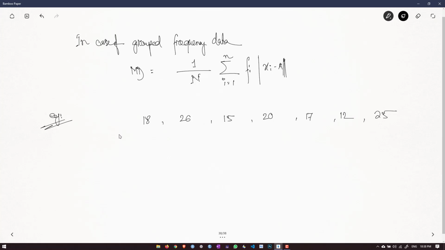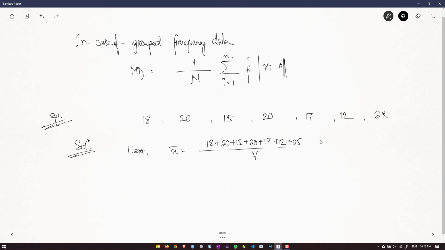The first step is to find the average. So solution here: x bar is equal to 18 plus 26 plus 15 plus 20 plus 17 plus 12 plus 25 divided by how many observations? 1, 2, 3, 4, 5, 6, 7.